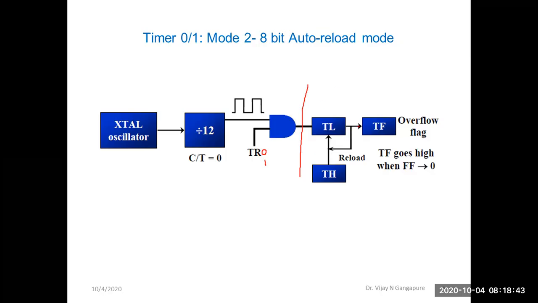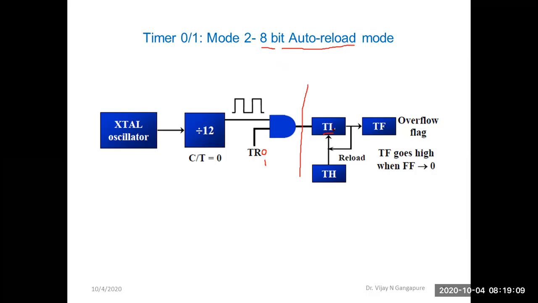Now mode 2 is called 8-bit auto reload mode. So this mode is 8-bit. In mode 1, TH and TL both registers are used, but here only one timer register is used, and that is TL.